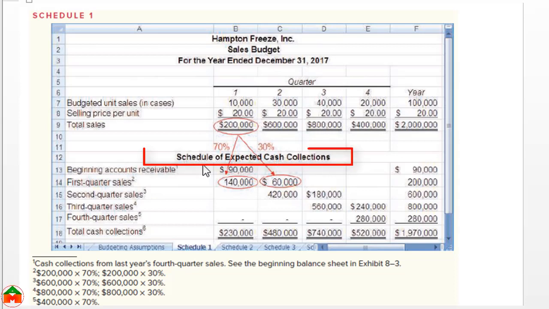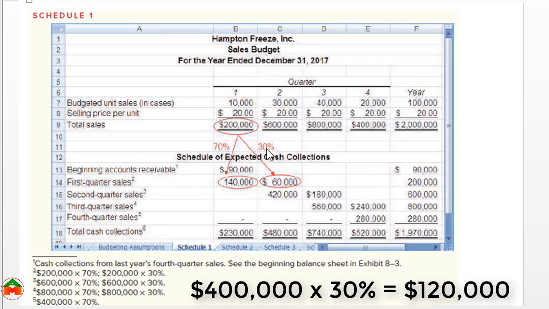This is the schedule of expected cash collections, and we can see in the fourth quarter we have sold 400,000, and from this 400,000, according to the policy, 70% will be received in the particular quarter and the remaining 30% will be received in the next quarter. Since our fourth quarter remaining collection would be 30%, which would be collected in the next year's first quarter, that's why the 30% of 400,000 would be considered as accounts receivable.